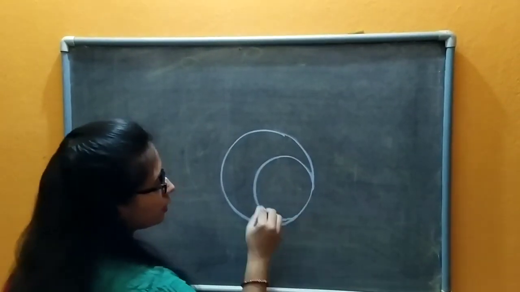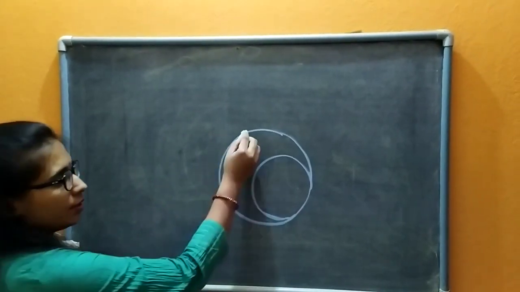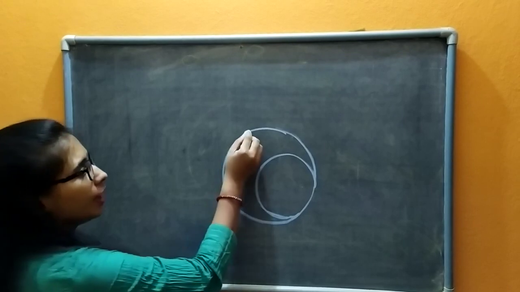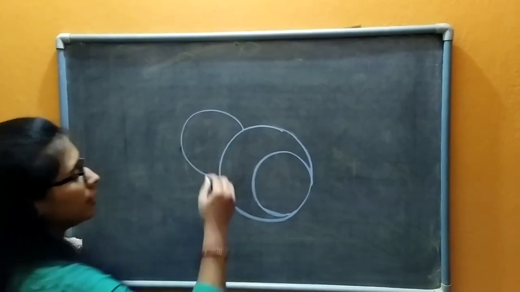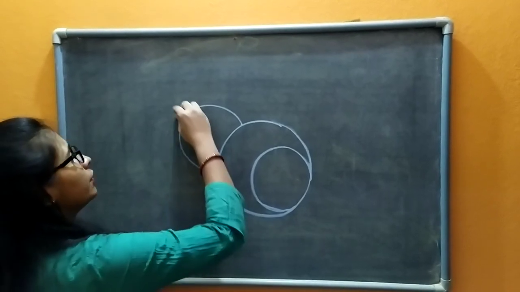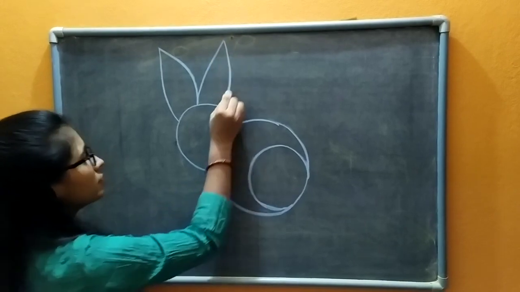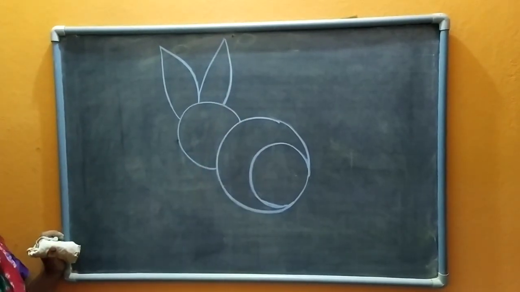Fine. Then from here you have to draw a circle again. Now I am going to draw 2 ears. Can you guess what is this?